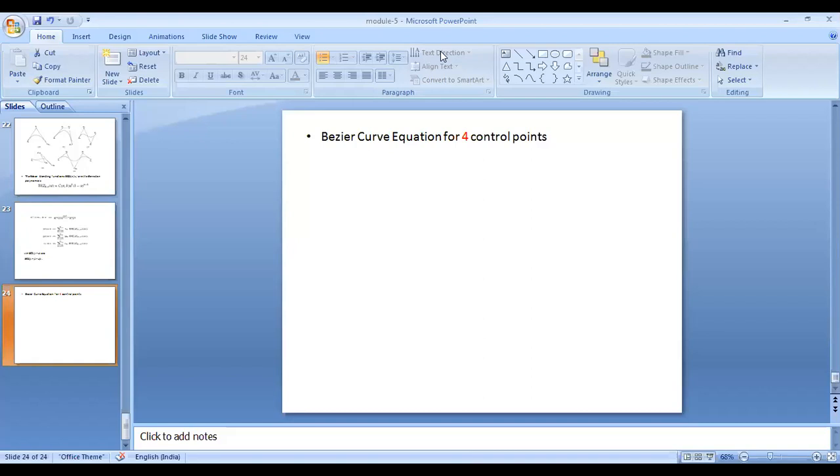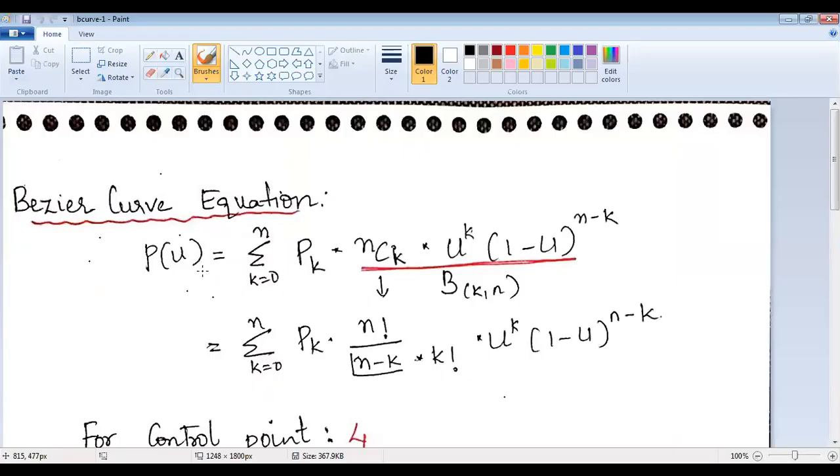This is a very important part. You can see this here. So, the Bezier curve representation equation. What is the Bezier curve equation?